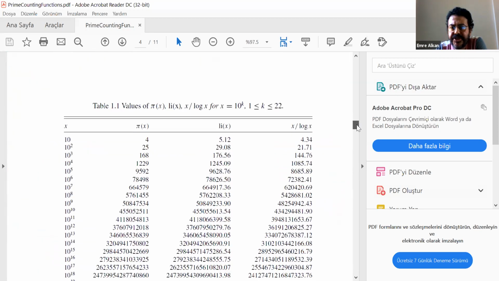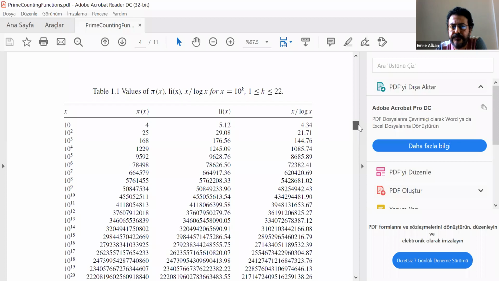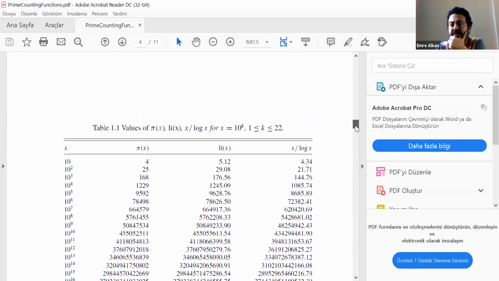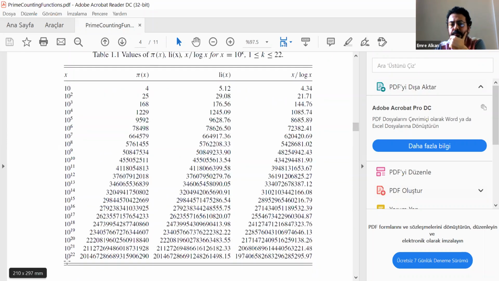By the way, I just show you another table now, quite interesting. So we compare pi of x with its asymptotic companions, these two companions. This is an extensive table up to 10 to the 22, as you can see. I mean, at Gauss's time, we didn't have this information.